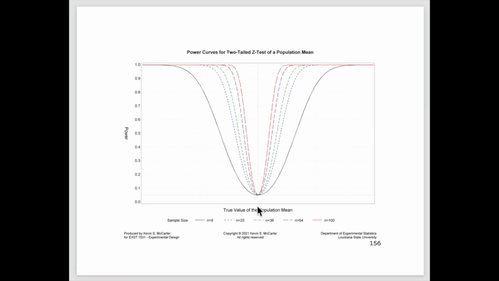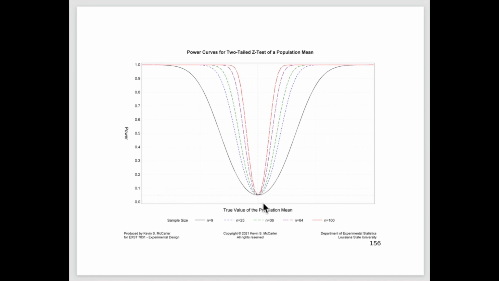Now, if mu is any other value besides mu naught, then the alternative hypothesis is true. And so we would want to reject the null hypothesis. And what these curves give us is the probability of that happening. Now, we can see here that if mu is different than mu naught, for example, maybe it's a little bit to the right of mu naught, but it's not too far away, then the probability of rejecting is quite small, probably less than 0.1, probably less than 10%.